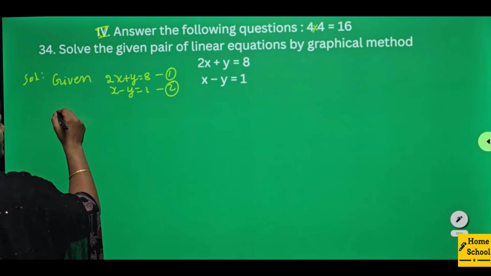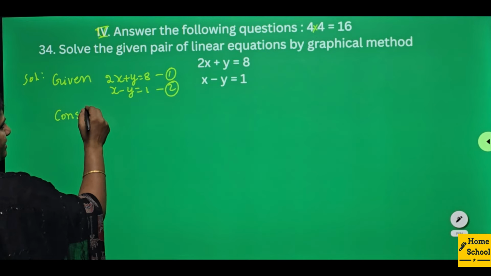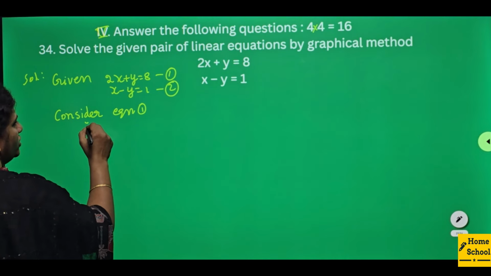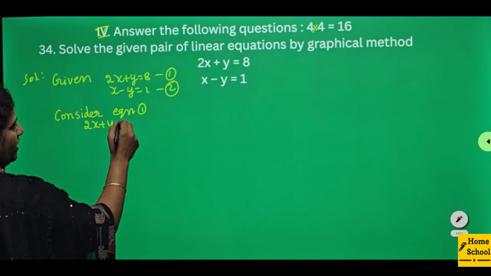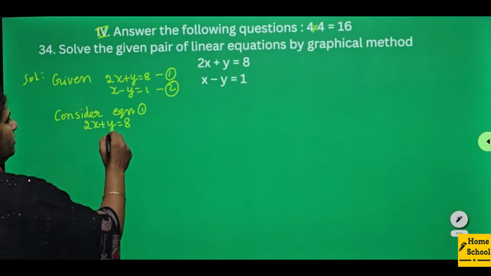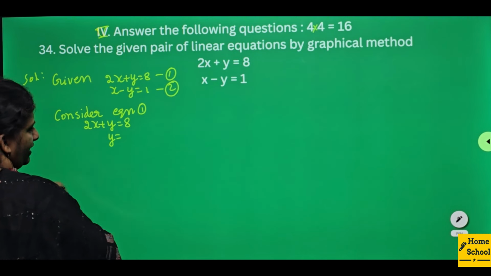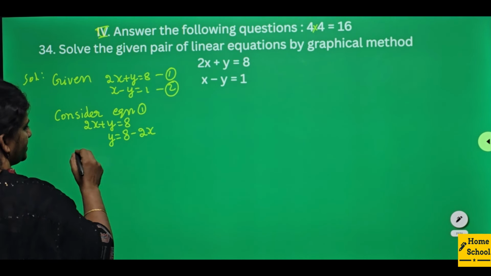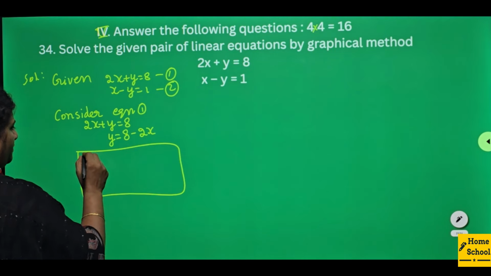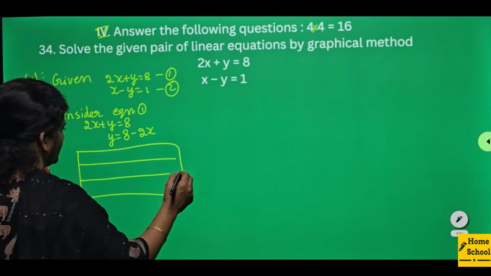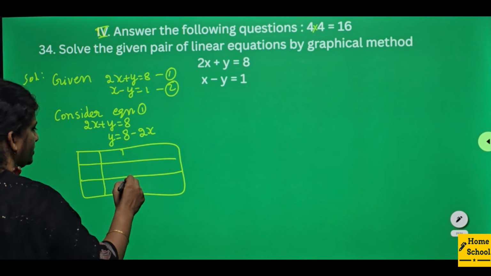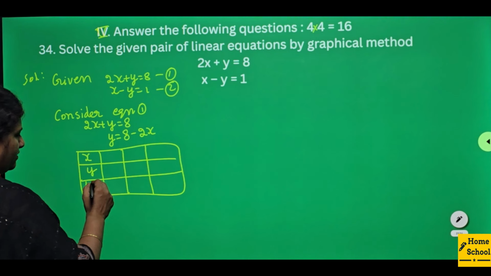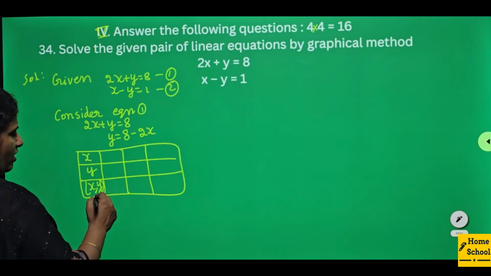Now rewrite the first equation. Consider equation 1, 2x plus y is equal to 8. Write this equation in the form of y: y is equal to 8 minus 2x. Now take a table which contains 3 rows and 4 columns, columns of your choice. x, y, (x, y).